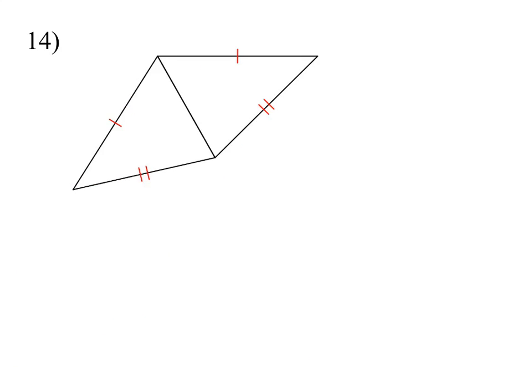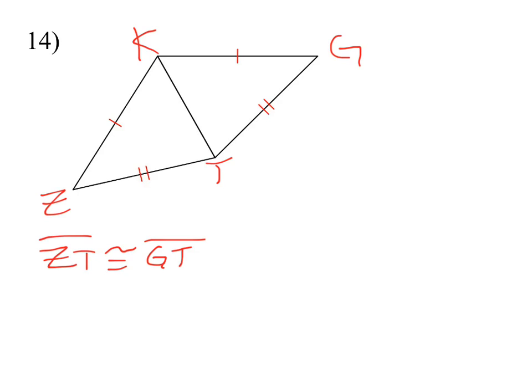And that brings us to 14. Again, let's change out the letters. We'll have Z, K, T, and G, because I like adding new letters. But I can do the same sort of thing. I know that ZT is congruent to the side GT.